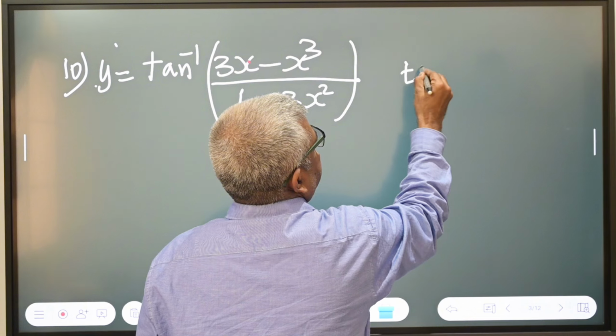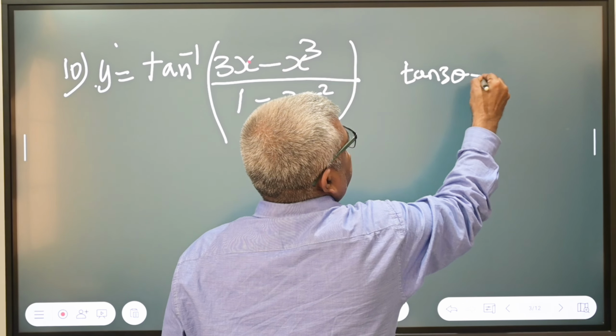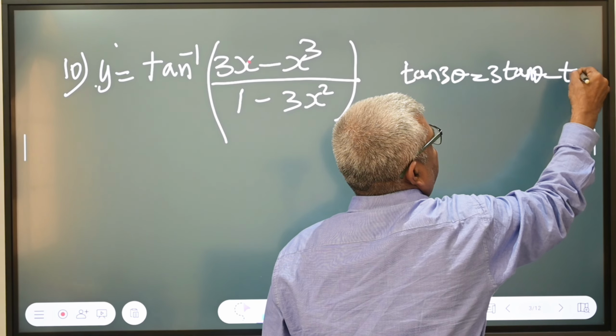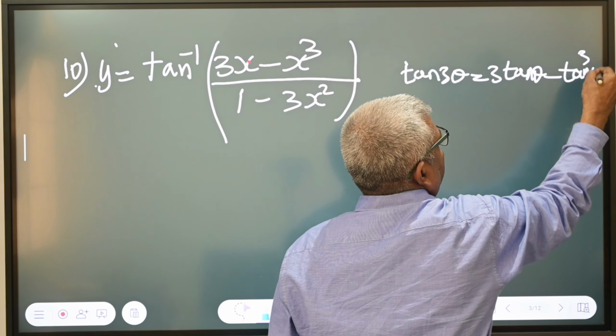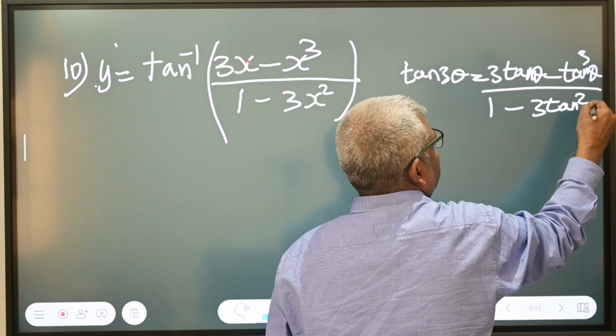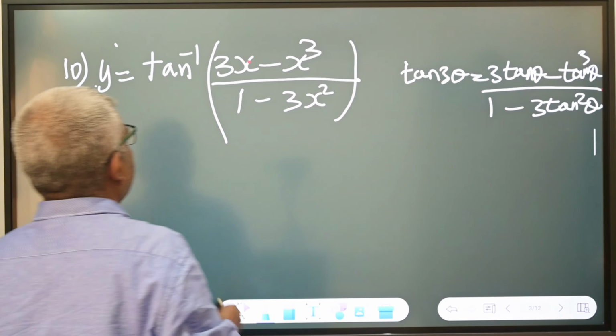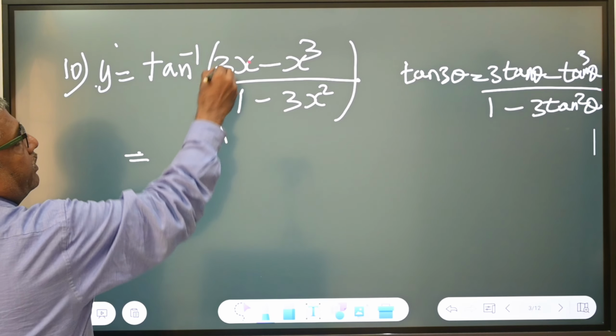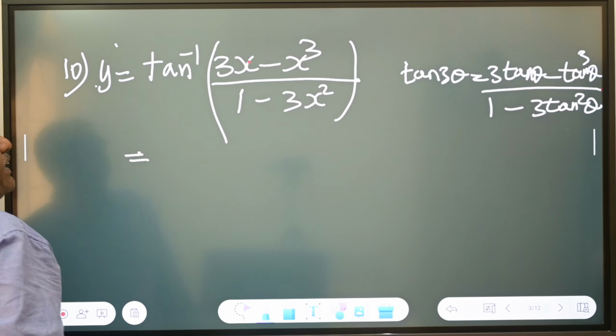Tan 3 theta is 3 tan theta minus tan cube theta by 1 minus 3 tan square theta. So here let x equal to tan theta.